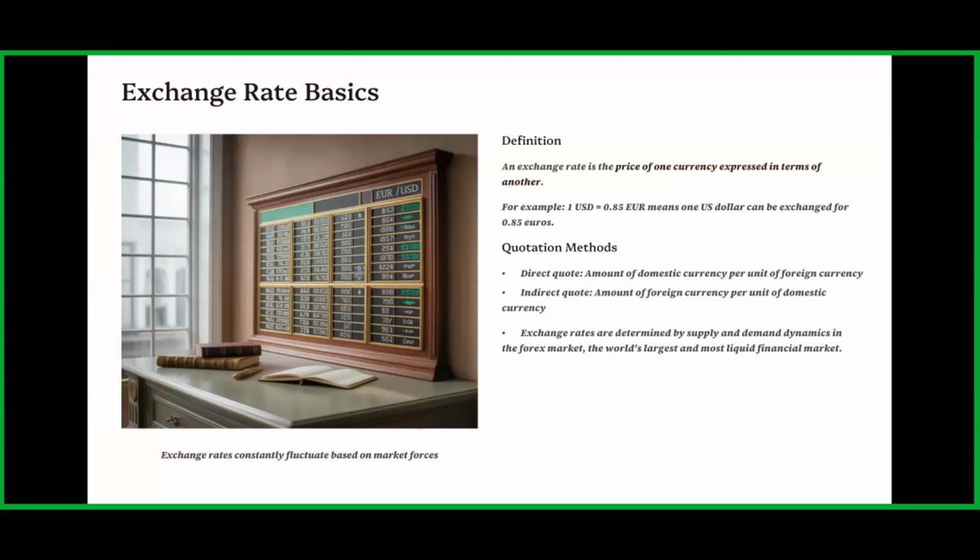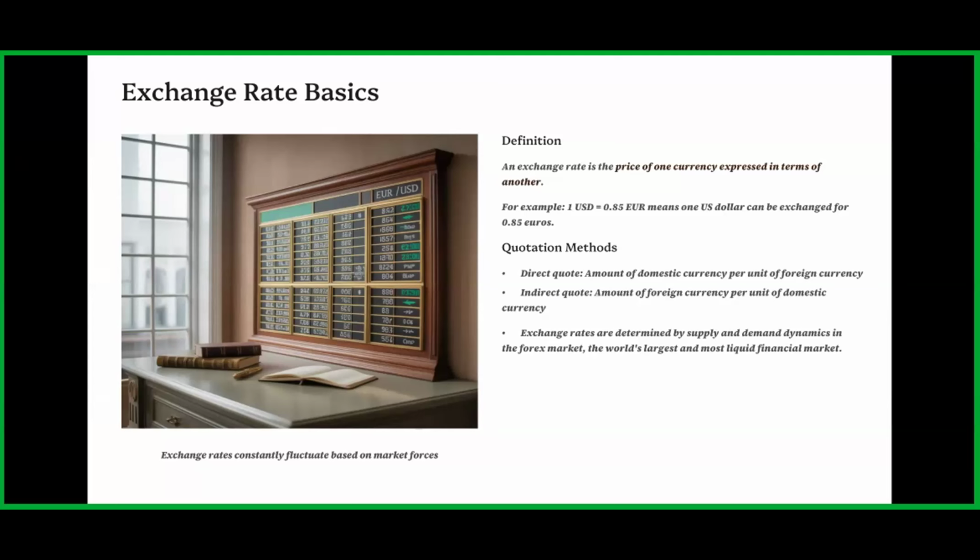That means if we convert Indian rupees directly into another currency, when we convert rupees into dollars, euros, pounds, yuan, or any other currencies, that conversion we call a direct conversion, a direct quote. What is meant by the indirect quote? When we convert other currencies into Indian rupees, that we call the indirect quote.